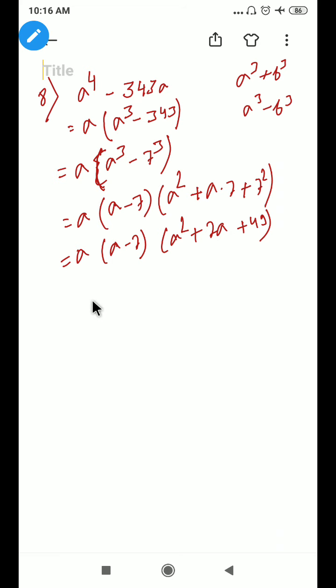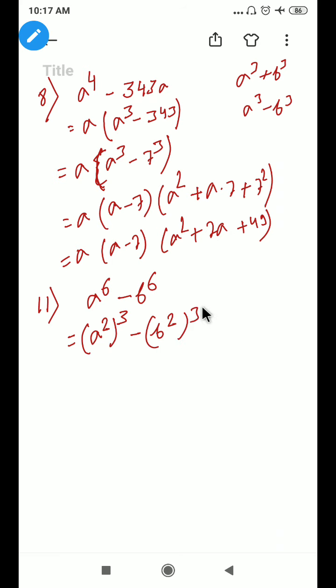Now go to the next problem like this. Question number 11 is a to the power 6 minus b to the power 6. You have to make this like a cube plus b cube or a cube minus b cube. So we can make this (a square) whole cube minus (b square) whole cube.